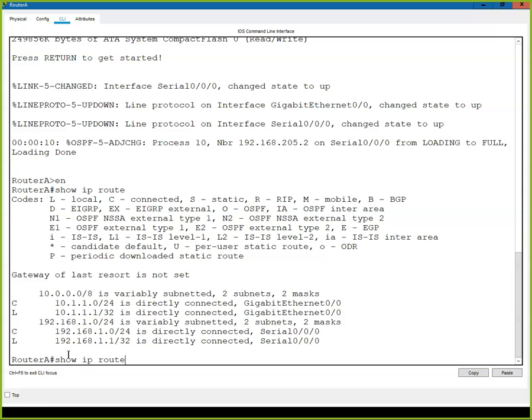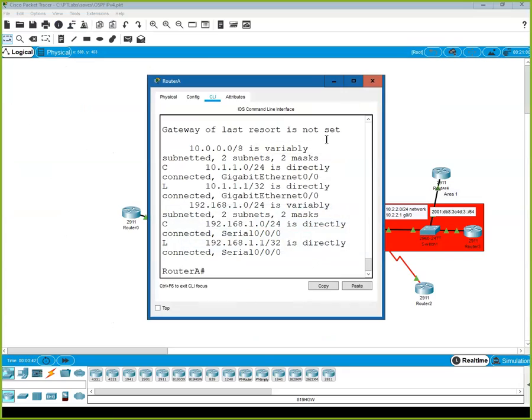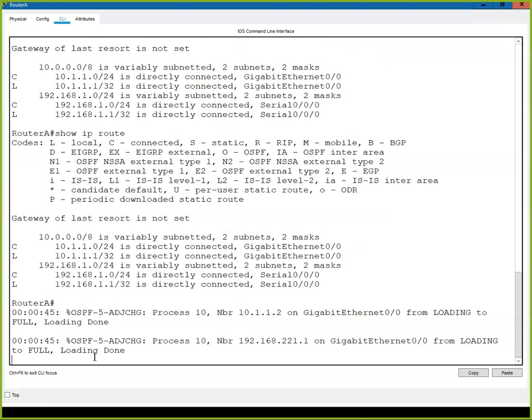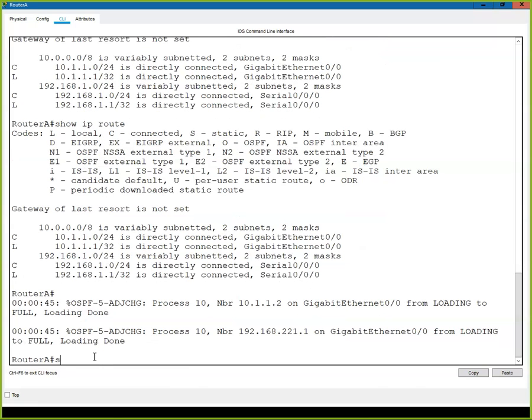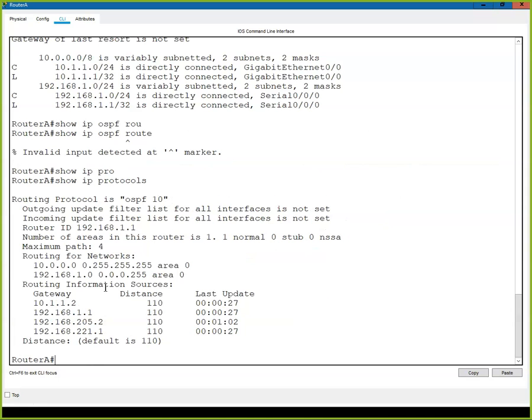Or it says it's got an adjacency, doesn't it? But it still says that everything is directly connected. I think maybe it took the other one a couple of seconds, didn't it? Okay, now we're getting the adjacencies that I'm looking for. Show IP route. Actually we're not getting these. Process 10. Maybe Packet Tracer's hating me again.